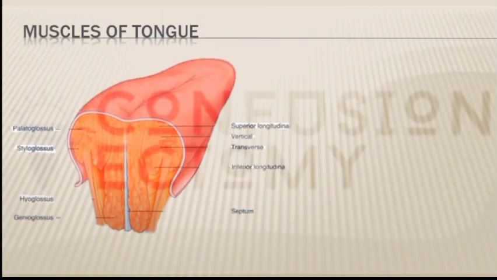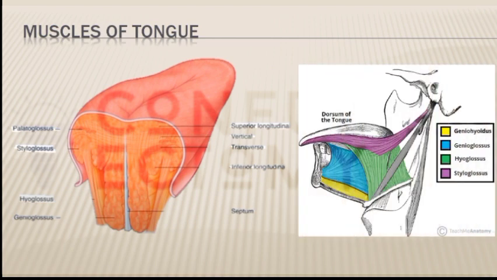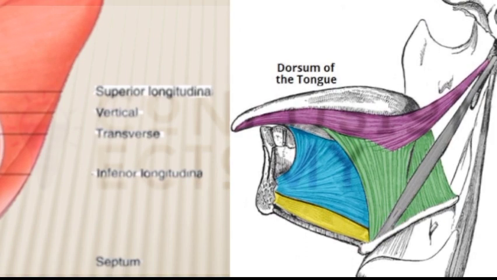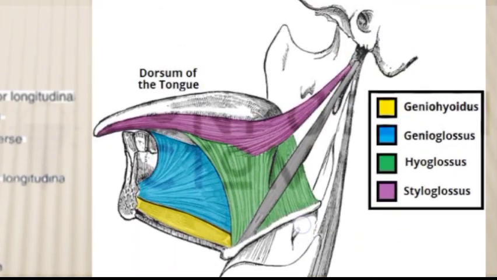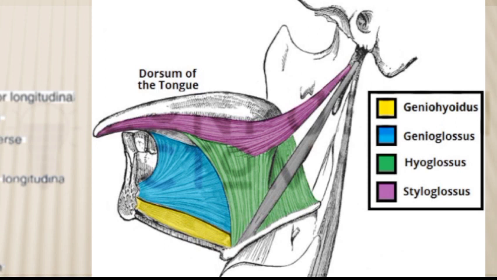Now I'll show you the lateral view of the tongue. In this picture, this side is the dorsum of the tongue, and the purple structure is the styloglossus. The origin of this muscle is over here, the styloid process.